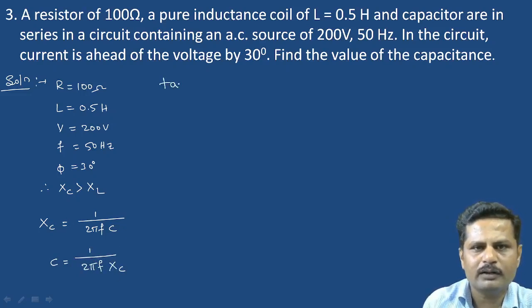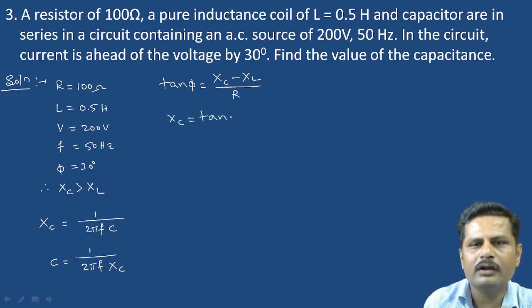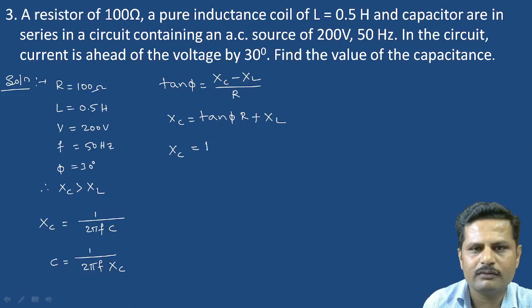you can make use of the formula tan psi equals X_C minus X_L divided by R. So X_C equals tan psi times R plus X_L. Now substituting the values, X_C equals tan 30 times R, which is 100, plus X_L, which is nothing but 2 pi fL.